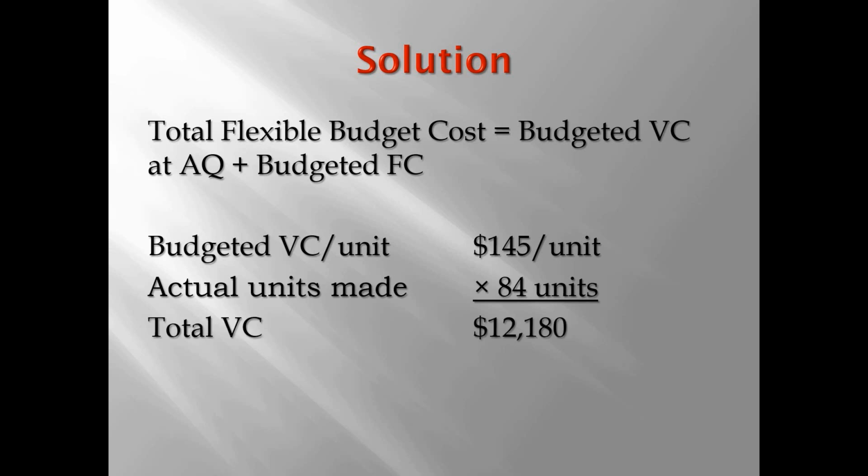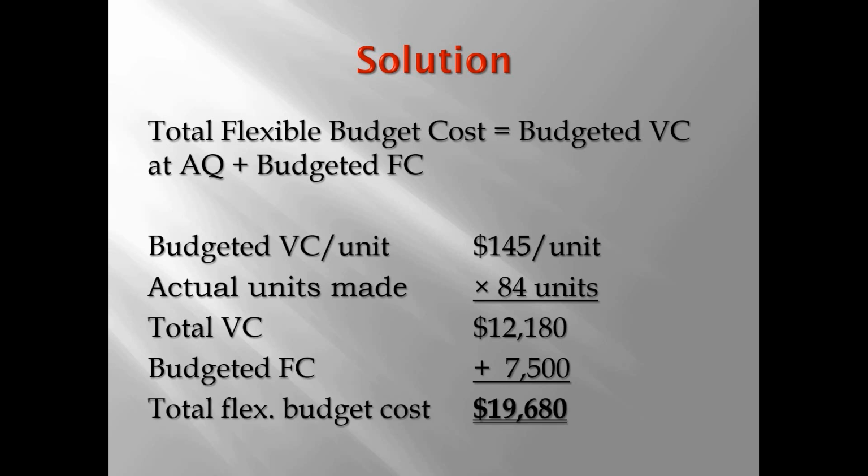We can multiply the budgeted variable cost per unit times the actual units made to find the total flexible budget for the variable costs, and add the budgeted fixed costs to get the total amount that the firm would expect in its flexible budget for the actual number of units produced.